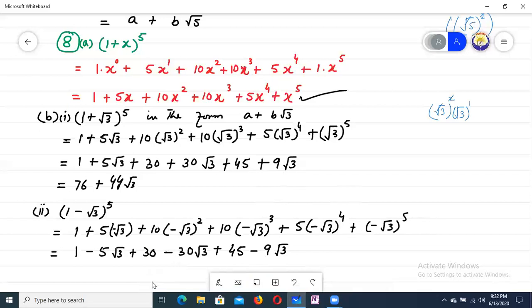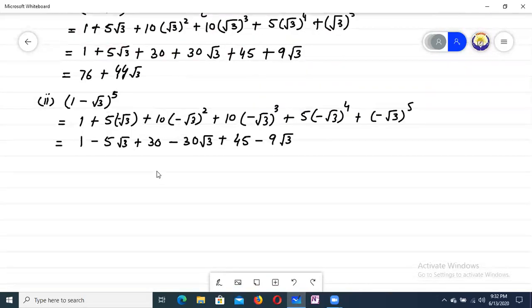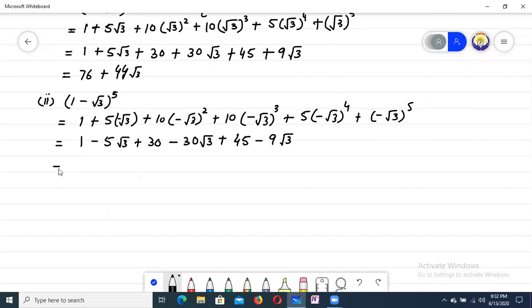Now we will add the like terms. 1 plus 30 plus 45 will be 76, minus 5 square root 3 minus 30 minus 9 will be minus 44, and with that square root 3 is already there. This is the answer. This is the form a minus b square root of 3, or a plus b square root of 3.